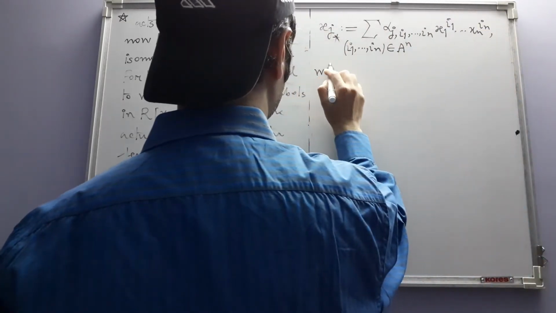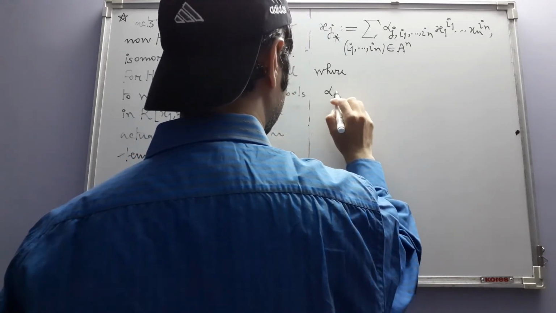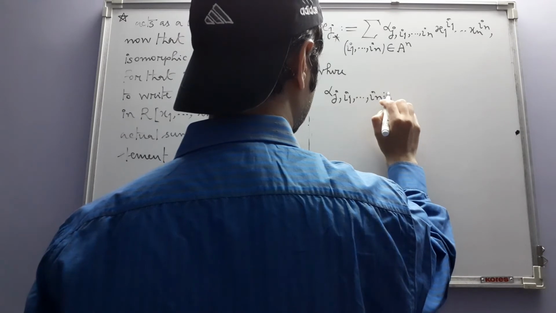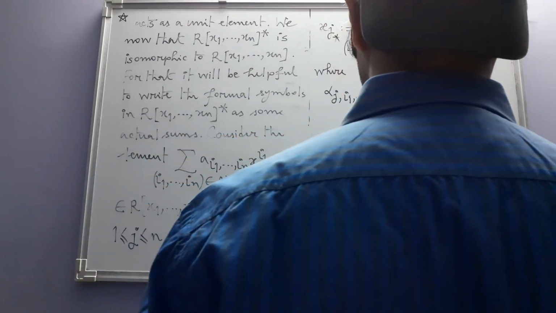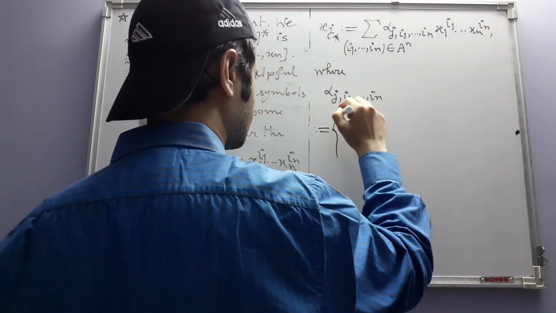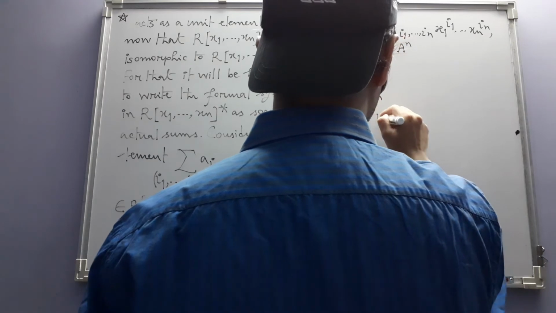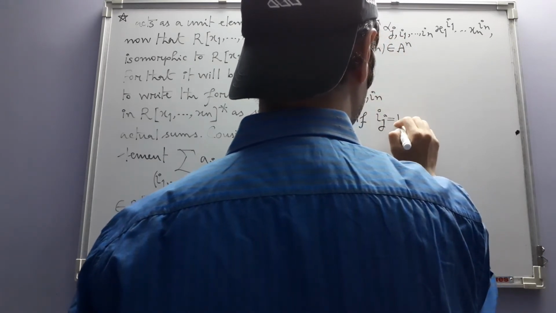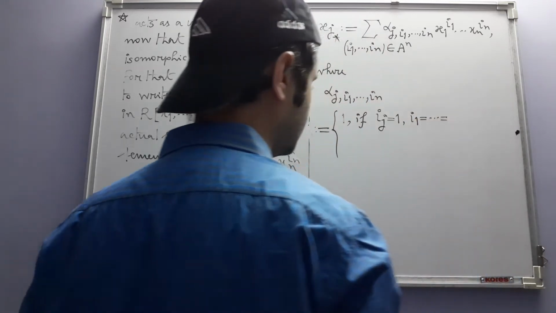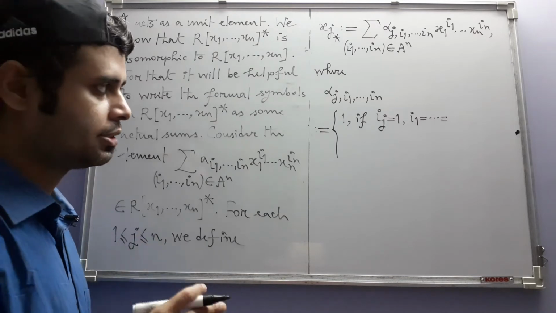where alpha j I1 up to In is defined to be equal to 1 if ij is equal to 1 and I1, I2, that means all the alphas are equal to 0 except the jth I, that is equal to 1.